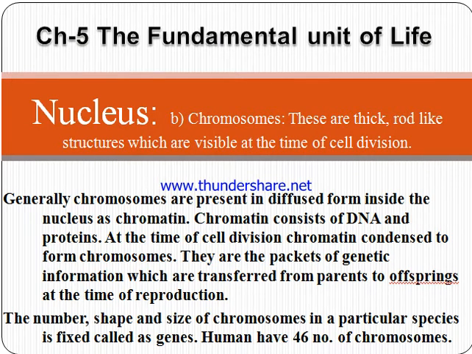Next is the second part, chromosomes. These are thick rod-like structures which are visible at the time of cell division, but generally they are present in diffuse form inside the nucleus as chromatin material.